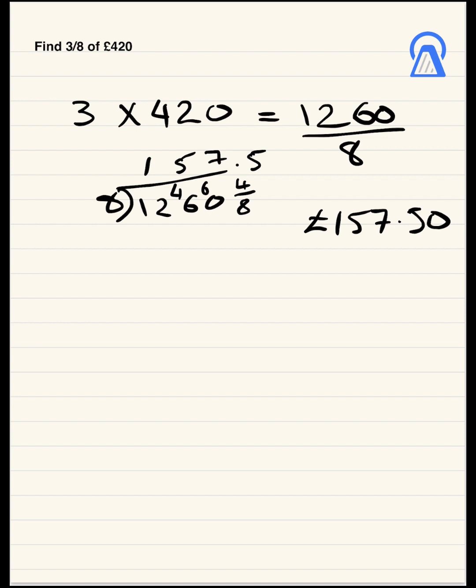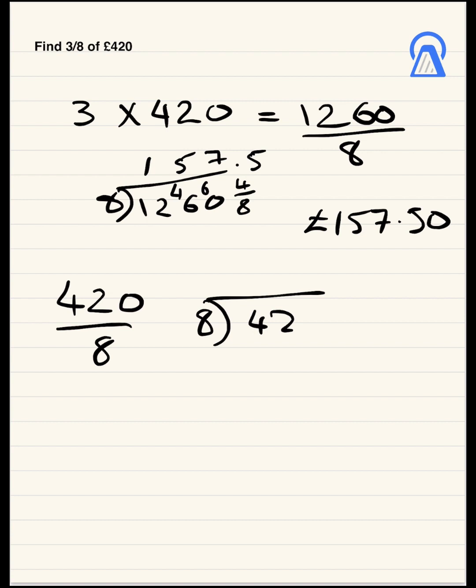Alternately, I can do the 420 and I can divide it by 8 originally. So I can say 420, divide that between 8. And again, I can do that bus stop if I want to. Again, there are other ways of doing this, but that's absolutely fine.